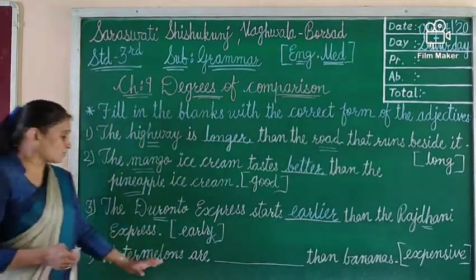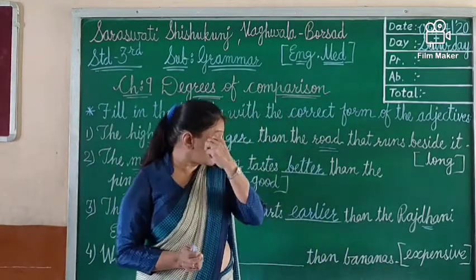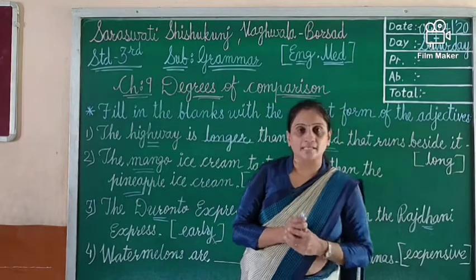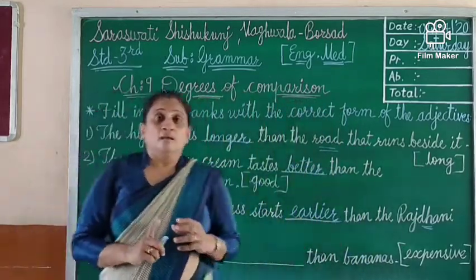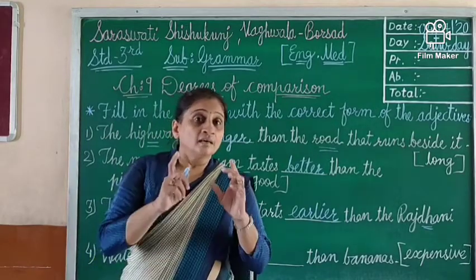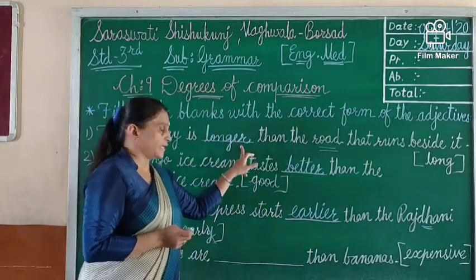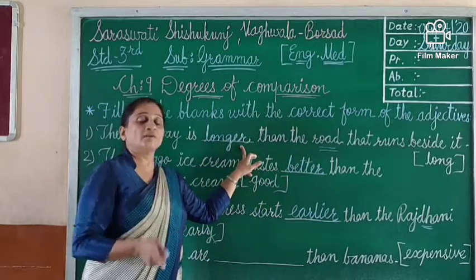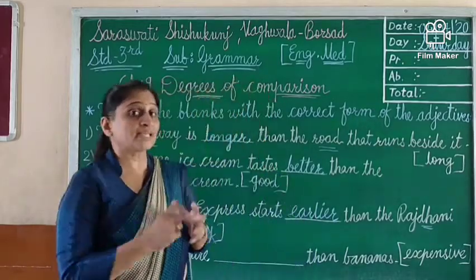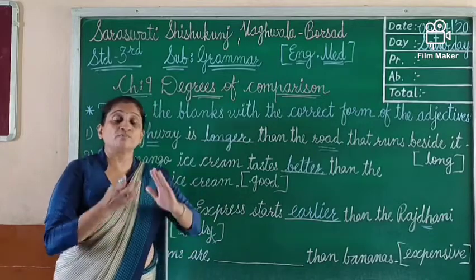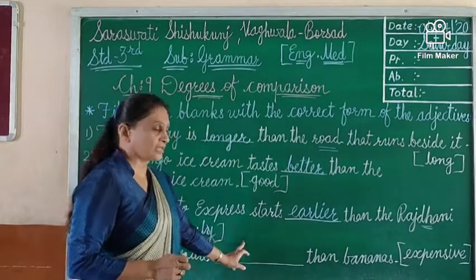The fourth one is: watermelons are dash than bananas. Here the adjective is expensive. Now here you will understand what I told you before five minutes, where you have to use the word more. You add ER in the comparison degree, and you also have to write more with some adjectives. So with which adjectives you will add more, you will learn here.